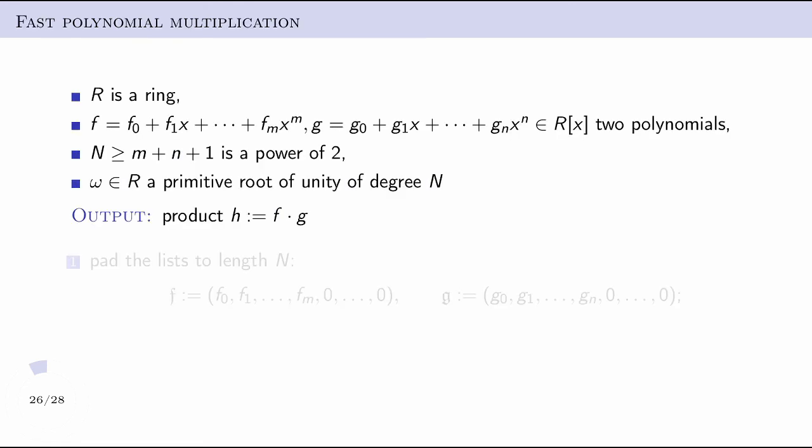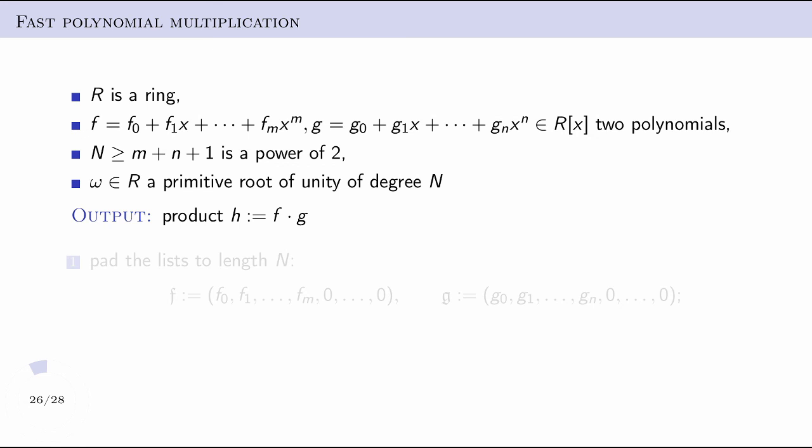So all in all, the fast multiplication algorithm works like this. We have a ring, we have two polynomials over this ring. We select a power of 2 strictly greater than the sum of the two exponents. So we select it in such a way that the result will fit into a sequence of length n.